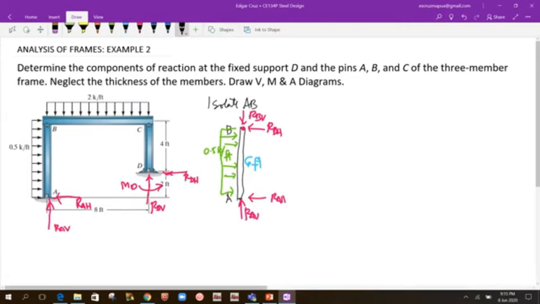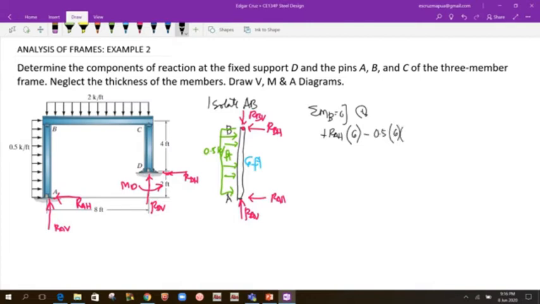Applying statics here, let's sum up moments at B equal to 0, with clockwise as positive. What are the moments at point B? Of course these two reactions at B will disappear. RAV will also pass through point B, so it disappears too, so we just have RAH, which is positive since it causes a clockwise direction about B. The moment arm of RAH is 6 feet, then the uniform load is negative, which is 0.5 times 6, the resultant, and the moment arm is 3.